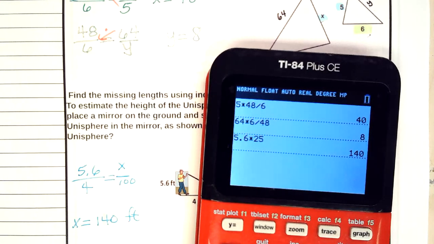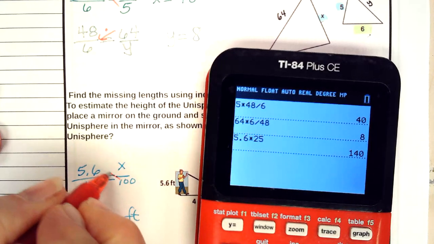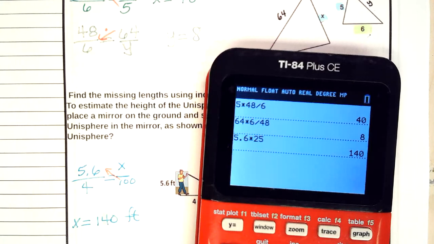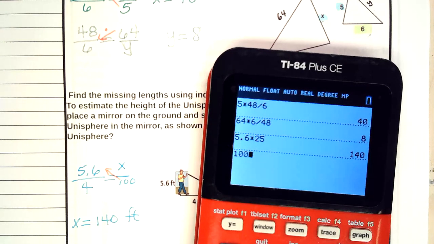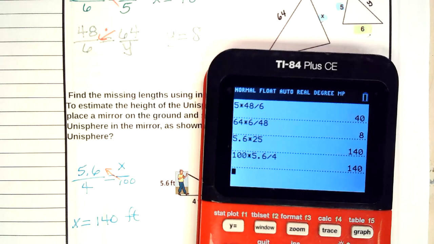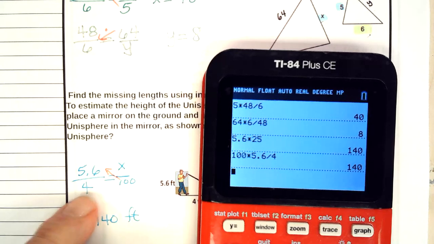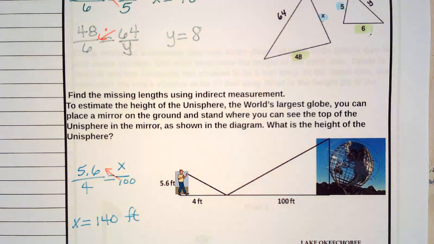But if I want to do the multiplication, I take 100 times 5.6 divided by 4, and you get 140 that way too. So if you can see what your scalar is, what you're multiplying the number by to get the next one, you can multiply both of them by that number.